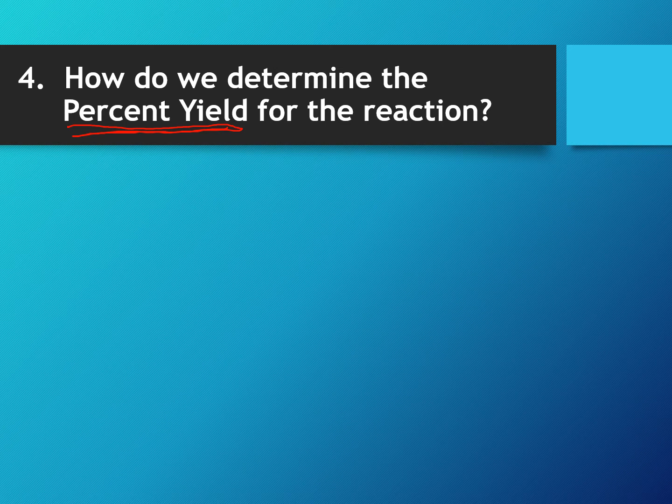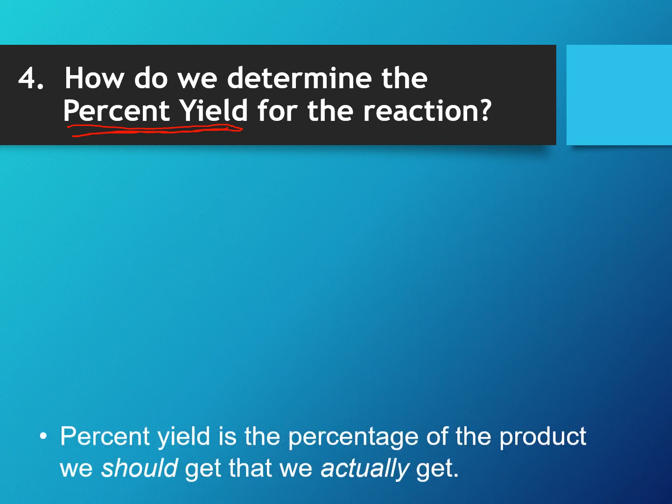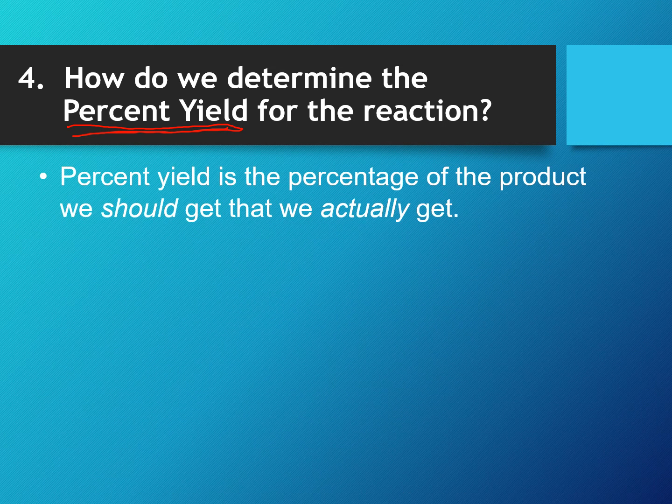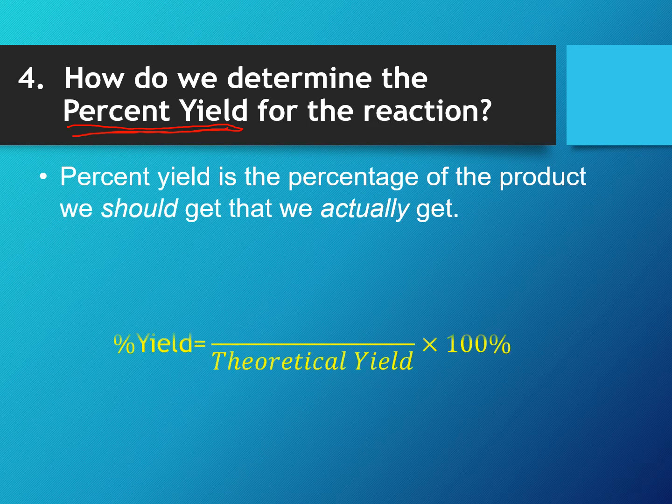Now, you say, okay, I've got it. Well, the reason I'm hammering this so hard is because this is the part that gives most people the trouble, because most people don't like to think about their numbers. When you read a problem, they're going to have to give you the actual yield.